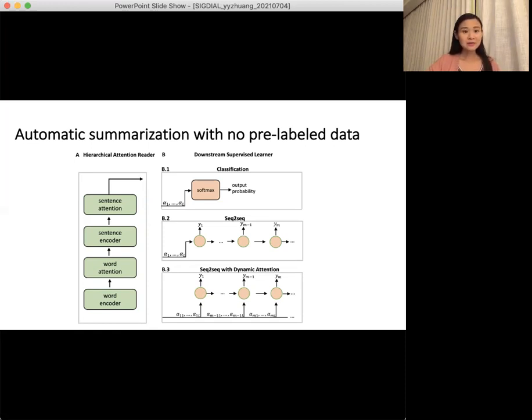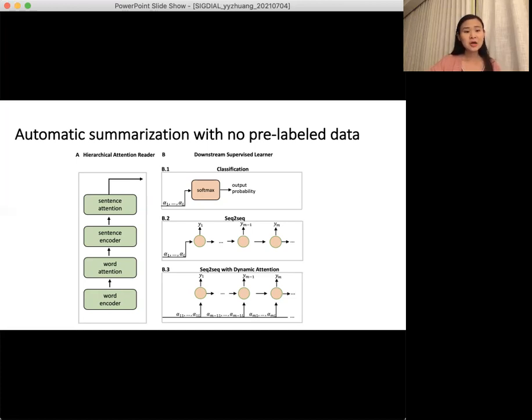A byproduct of this supervised learning task is attention scores from the attention layers on both the word level and the sentence level. These attention scores reflect how strong of a signal they provide to the learning task, and therefore those with a higher attention score naturally are good candidates for the summary.